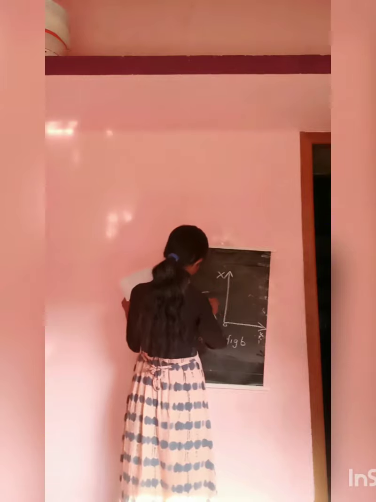Figure A, figure B. On the y-axis we have output, on the x-axis we have labor; in figure B, on the x-axis we have capital. In figure A, X is equal to function of labor.